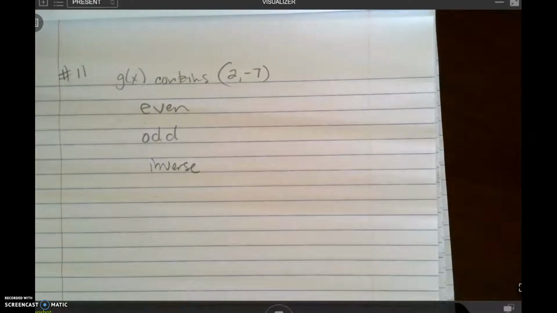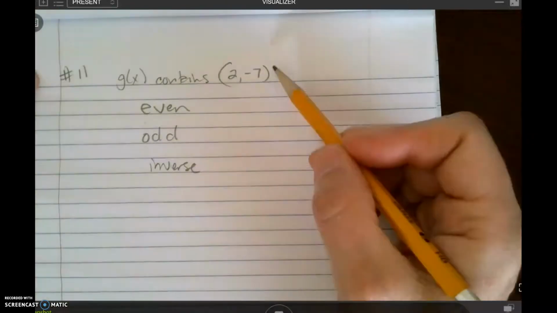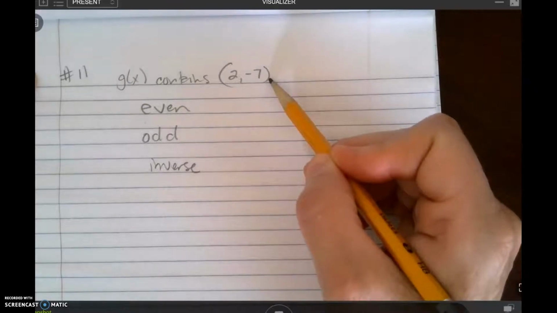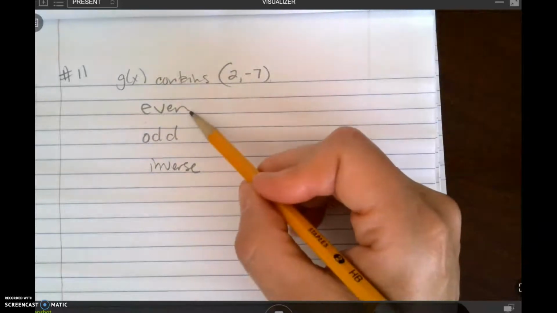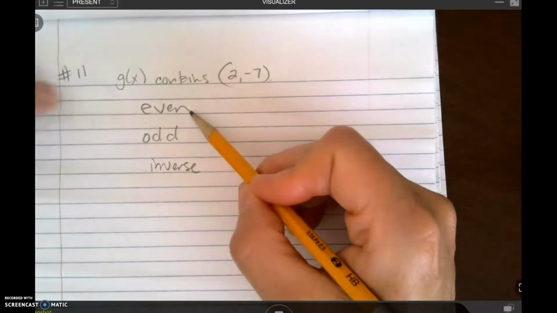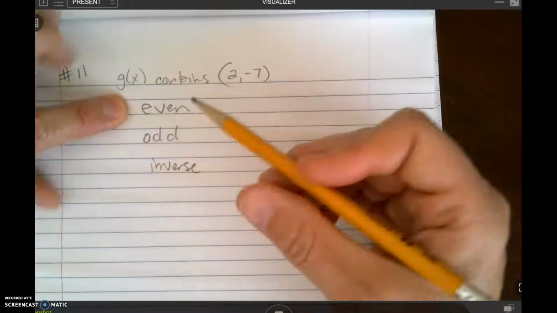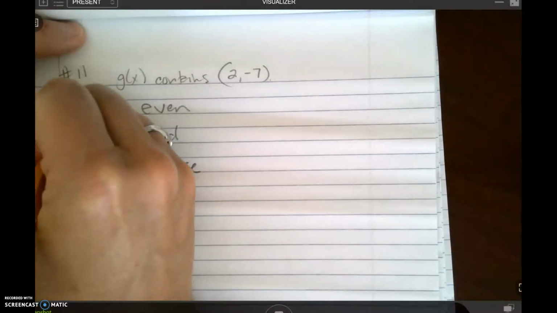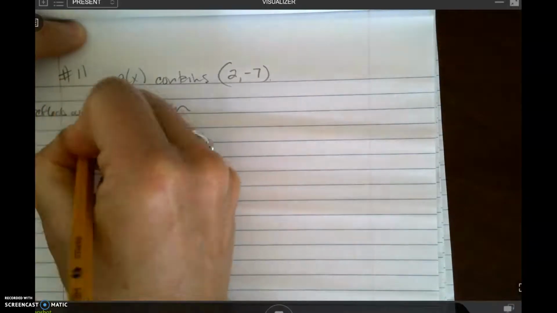All right, number 11 gives me the ordered pair (2, negative 7). And we're asked, if this was an even function, name another point on g of x. Well, if it's even, that means it reflects over the y-axis.